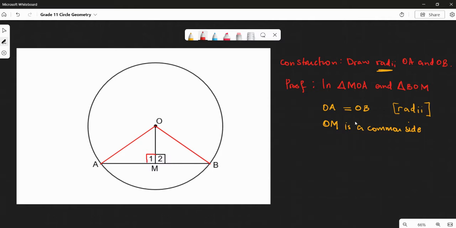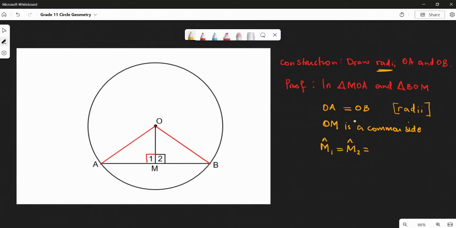Then we can say angles in a straight line. But because they told us that OM is perpendicular to AB, AM1 is also 90 degrees. So we would say that angle M1 is equal to angle M2.